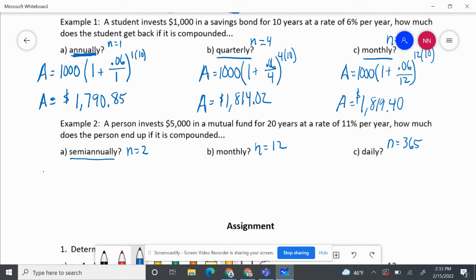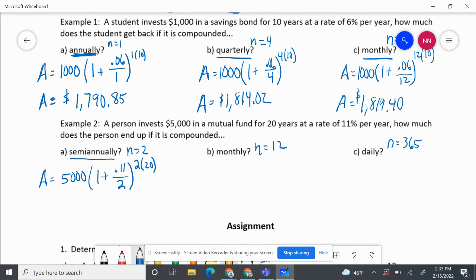So when we're setting it up, we have our initial amount, which in this case is 5,000. We have 1 plus 0.11 because of 11%. And then since it's compounded semi-annually, that would be twice per year, raised to the 2 times 20.